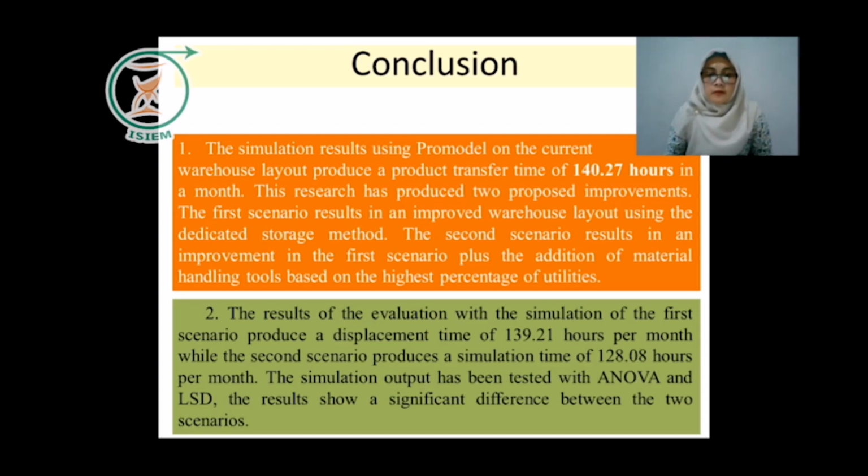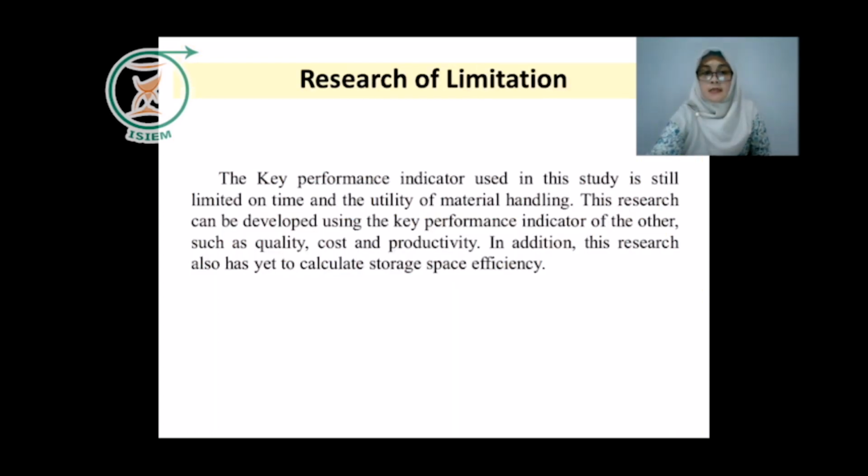The result of evaluation with simulation of the first scenario produced a displacement time of 1308.21 hours per month, while the second scenario produced a simulation time of 129.0809 hours per month. The simulation output has been tested with ANOVA and LSD. The results show a significant difference between the two scenarios.